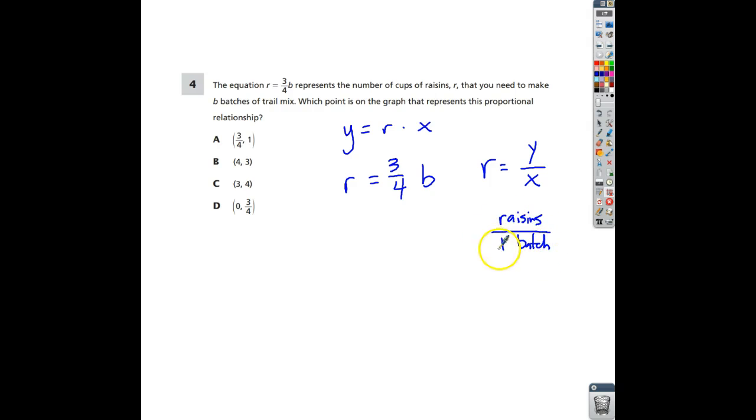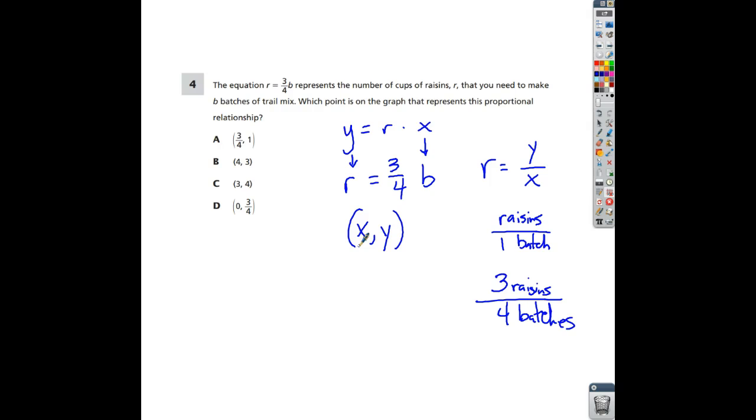Okay, so then if I change this, what they're saying here is it's the same ratio. It's 3 raisins for 4 batches. Okay, now remember, x is b and y is r. So if I'm going to plot this as a point, okay, normally I do x comma y.